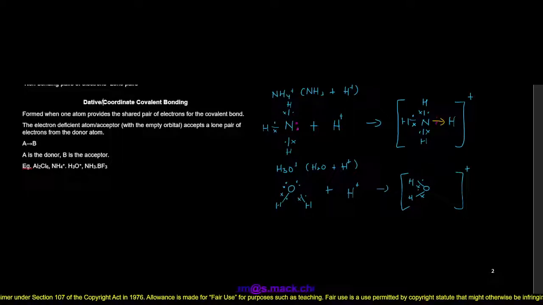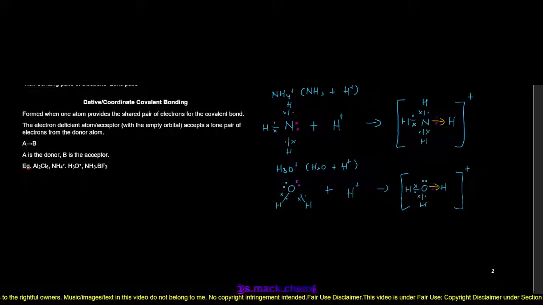And I'm going to draw my dative covalent bond with an arrow. I'm going to draw in the pair of electrons to be donated in a different color. So I've just redrawn my diagram to show 4 pairs of electrons around that oxygen atom, spaced out as far as possible. So this is the hydroxonium ion H3O+.